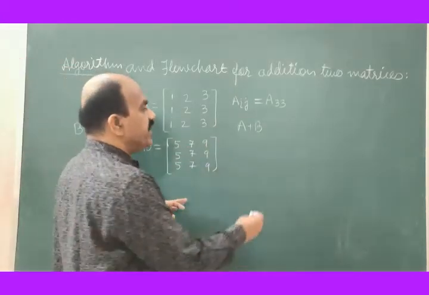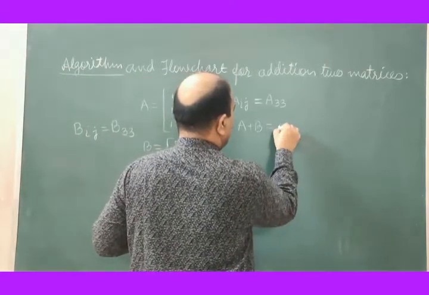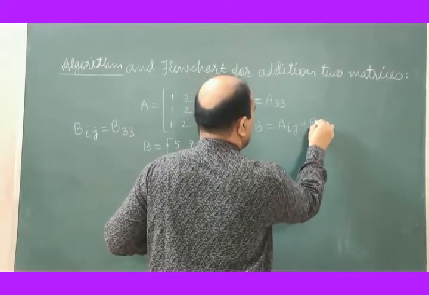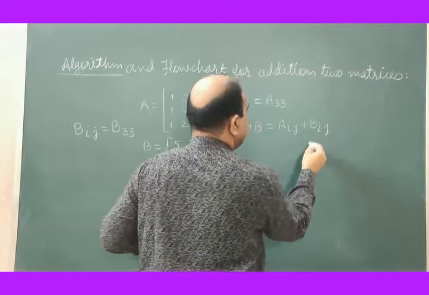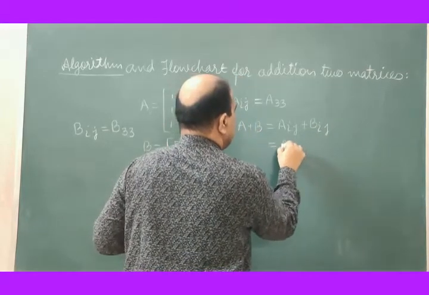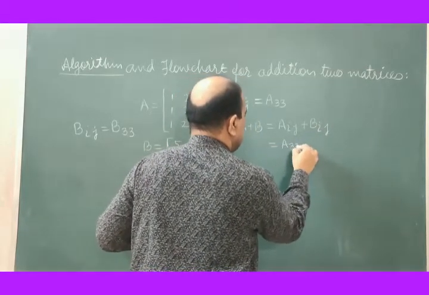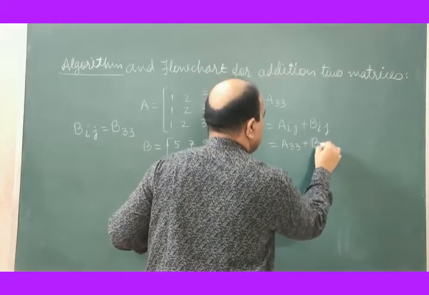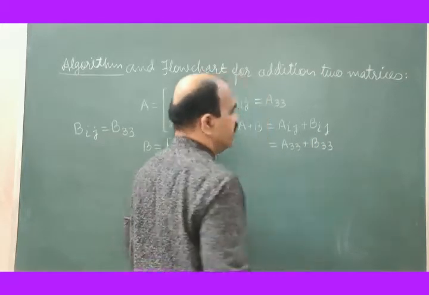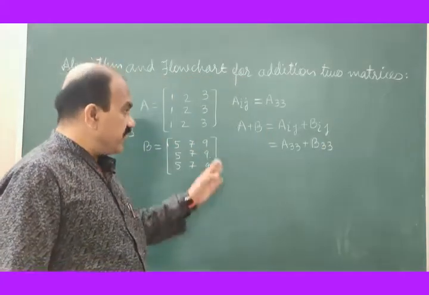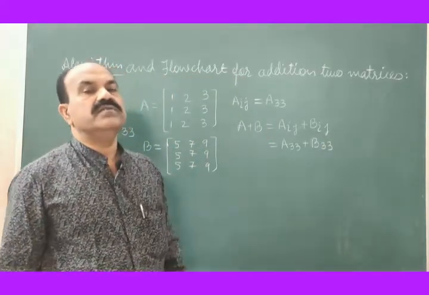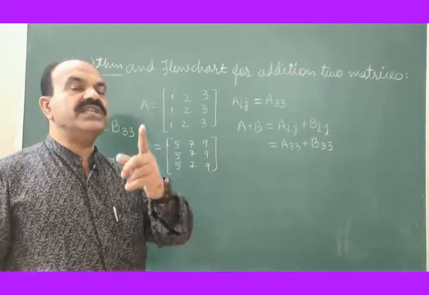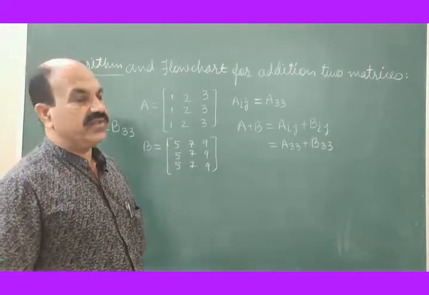Therefore, A plus B is equal to Aij plus Bij, that is, A33 plus B33. This is the general formula for addition of two matrices of the same order.